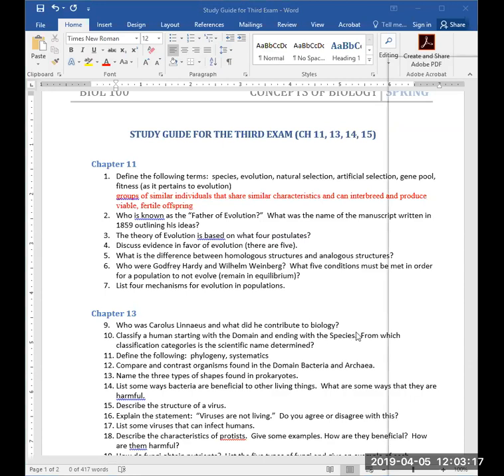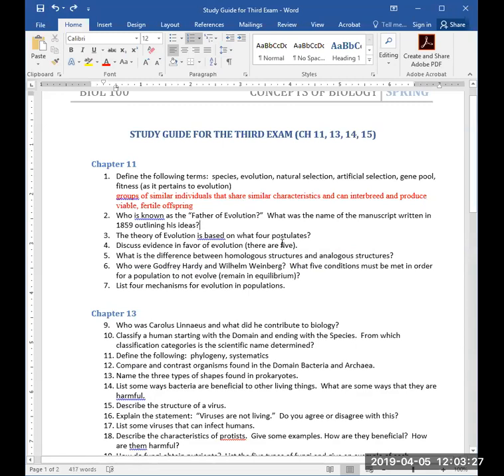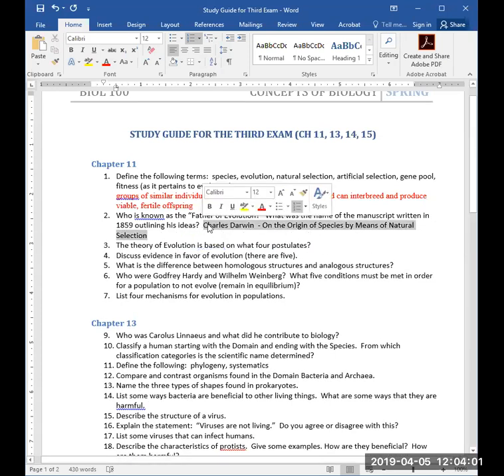So the father of evolution is Charles Darwin, and the manuscript is On the Origin of Species by means of a process called natural selection. So we talked about that.